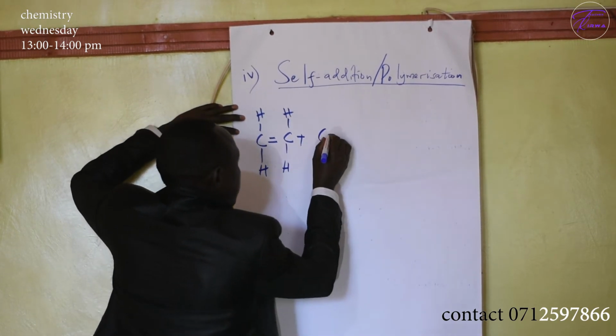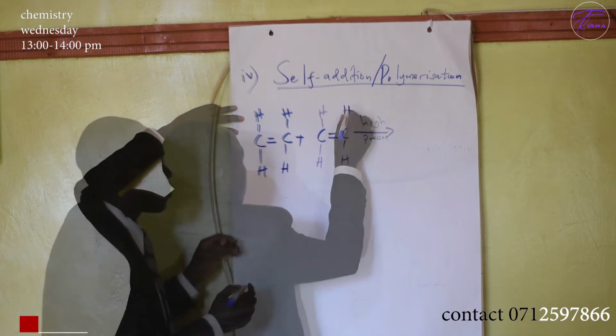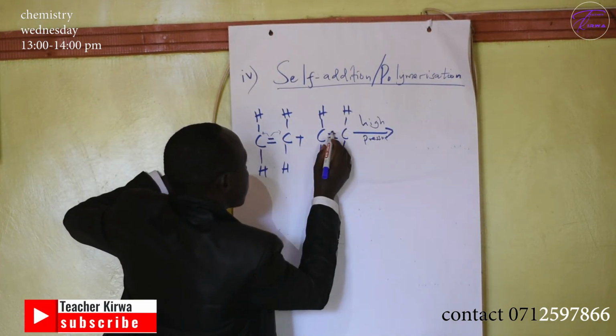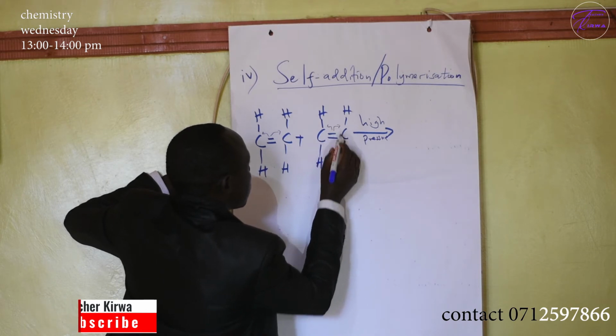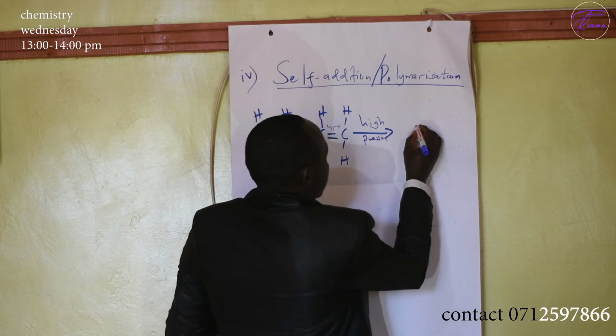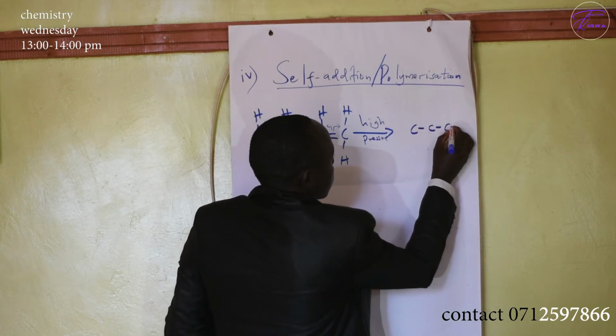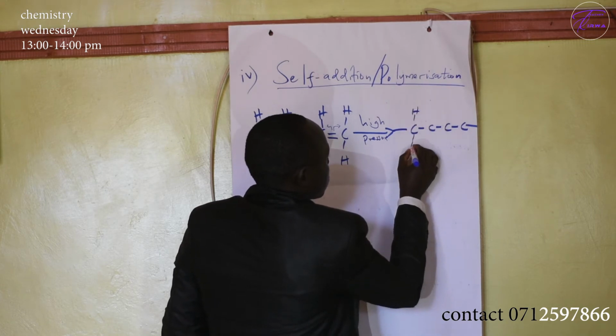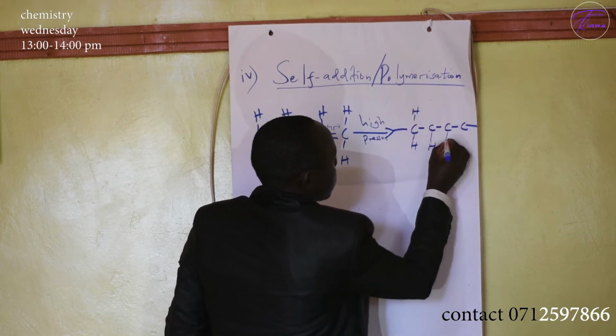reacts with another ethene. As we said, this bond will break, this breaks like that. Now when the double bond is broken, then it forms a compound of this kind.